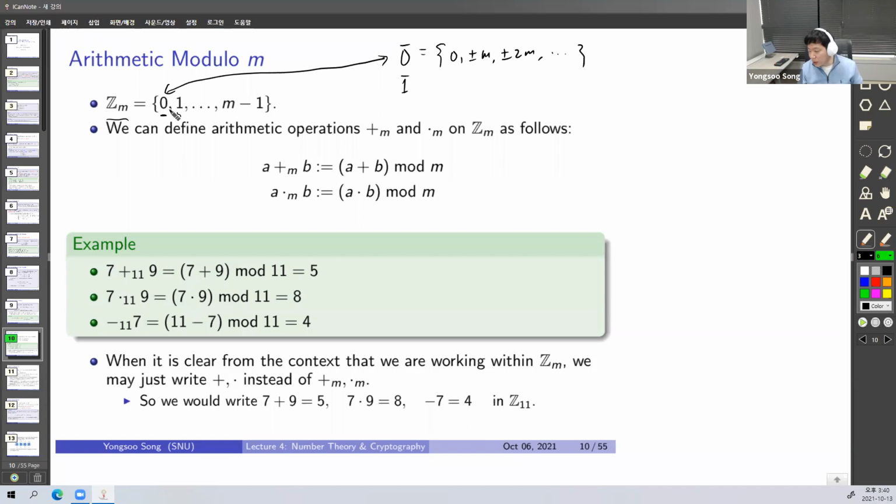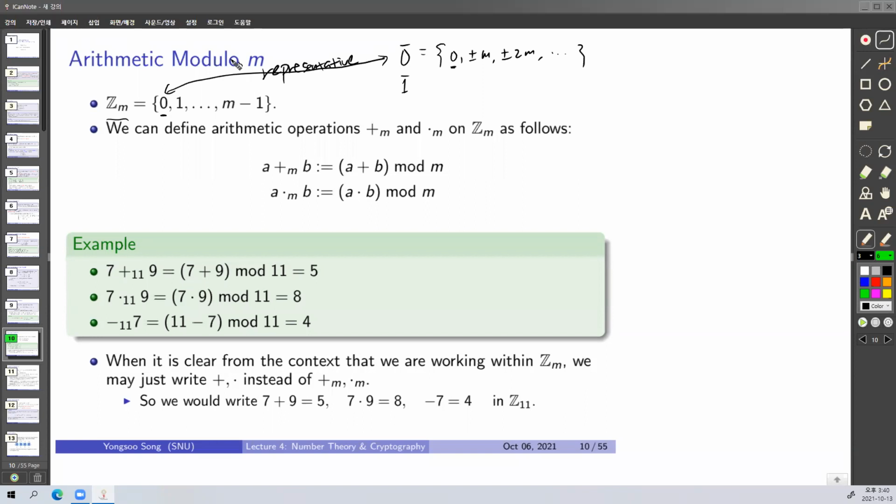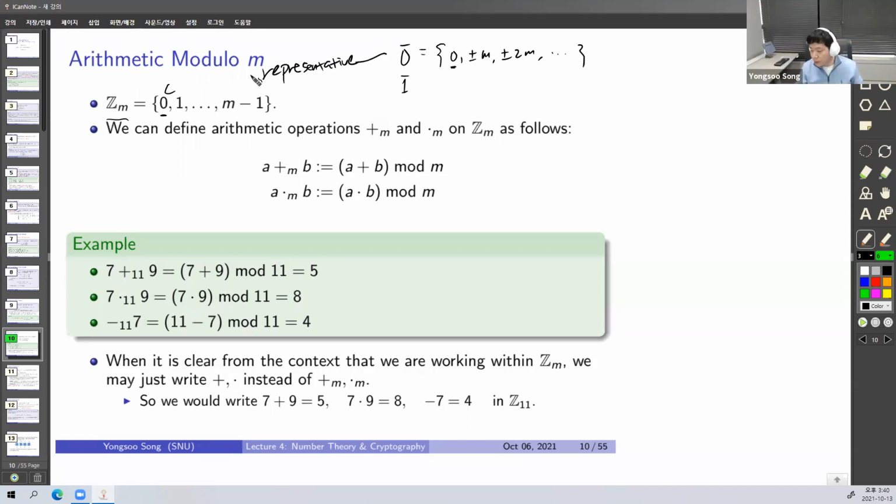So we just pick one element from this and set this as a representative of this set, and the same applies to 1 bar. There are many elements here, and I just chose this element as a representative of this congruence class.